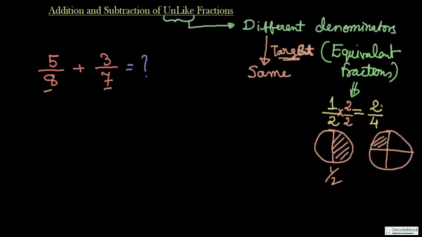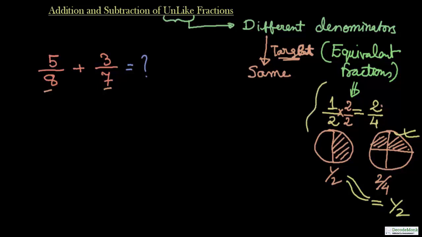So we'll say 2 regions. So you can see that this represents 2 by 4. But ultimately, you can see that this shaded region can also be called the half of this particular circle. Therefore, pictorially also you can see that 1 by 2 is equal to 2 by 4, which is ultimately equal to 1 by 2.